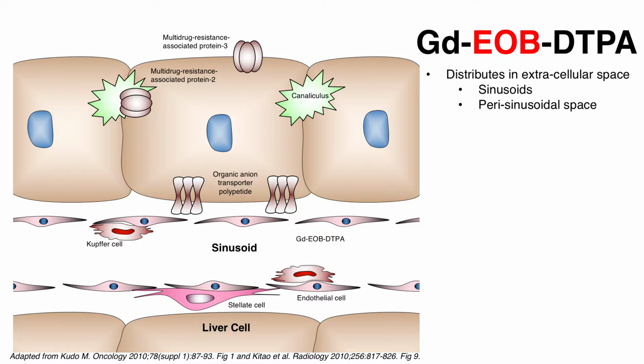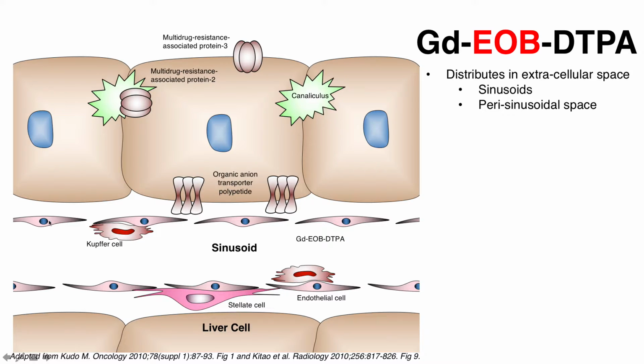Okay, so we start with the liver. And the liver is composed of cords of hepatocytes. And these hepatocytes have canaliculi in between them and transporter proteins that communicate with the canaliculi. The space immediately outside of the hepatocytes is known as the space of Disse, or the perisinusoidal space.